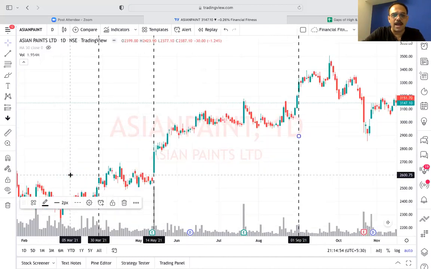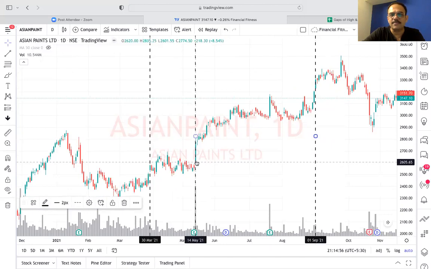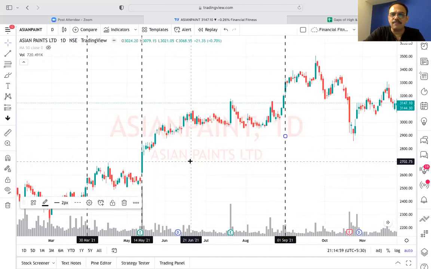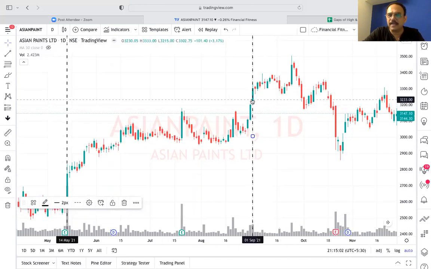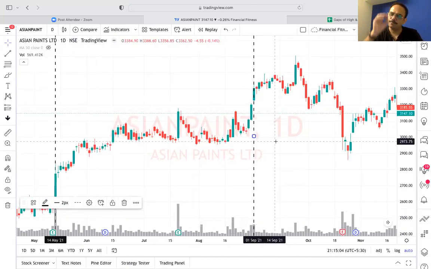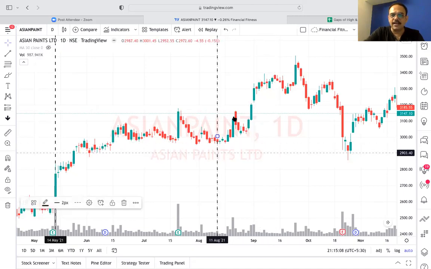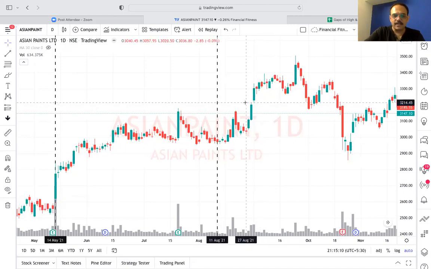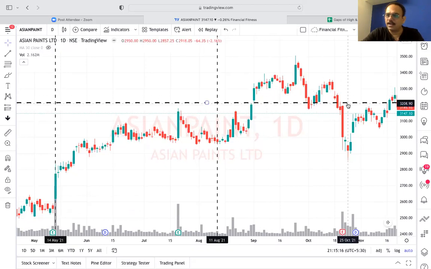So if you have any share where there was a breakaway gap at the bottom, and after a few days you see a gap like this with less volume, be cautious. Stay in the trade only as long as it is above this line. If it is going down, you can plan to exit.